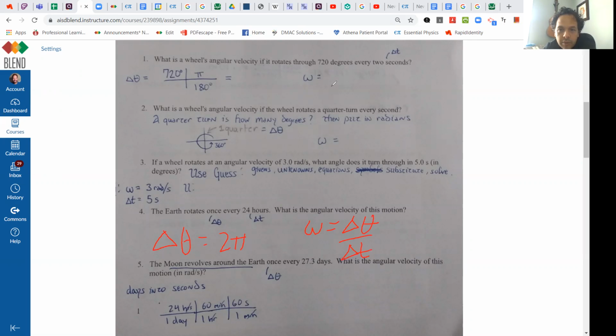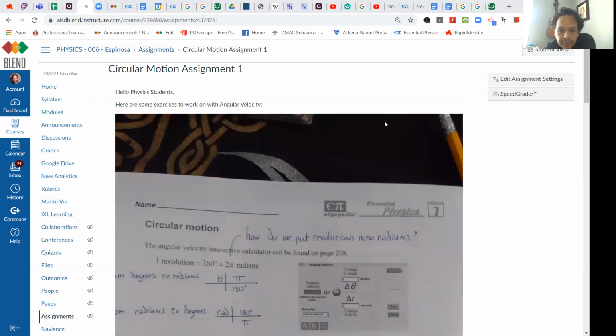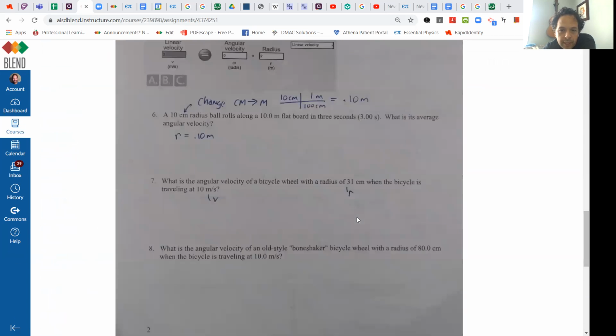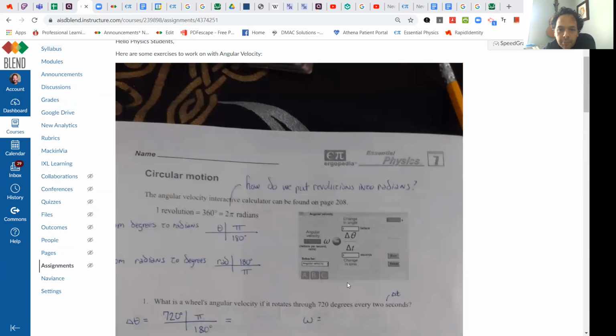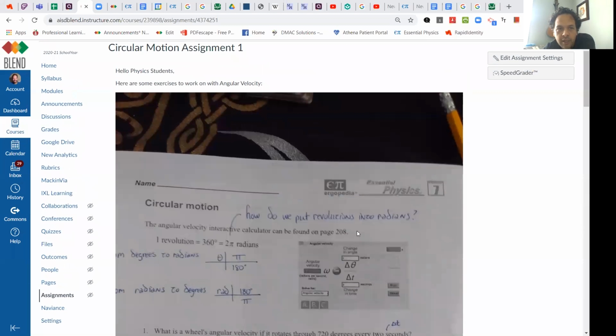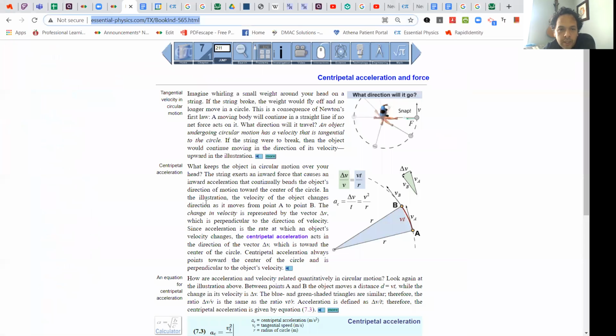You can also use these calculators. Did I put a link? Oh, I didn't. There are some calculators in the book, and I'll put a link up there. You just click on them, and it'll take you to the book.